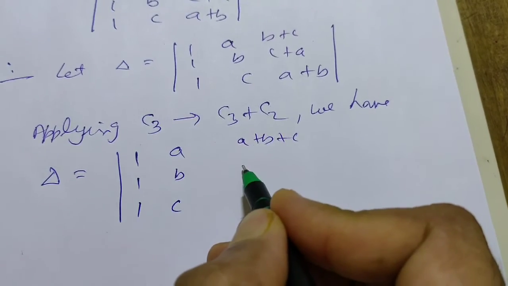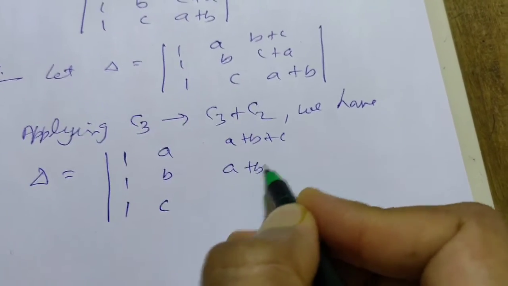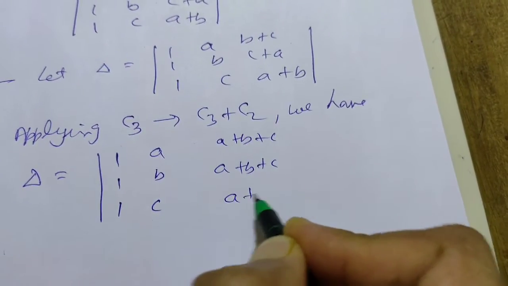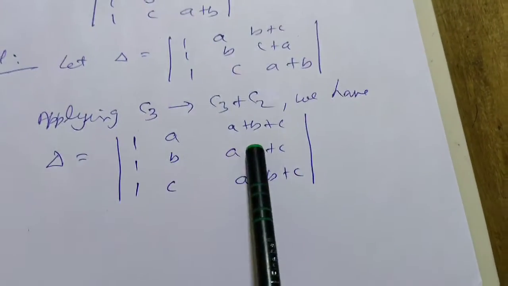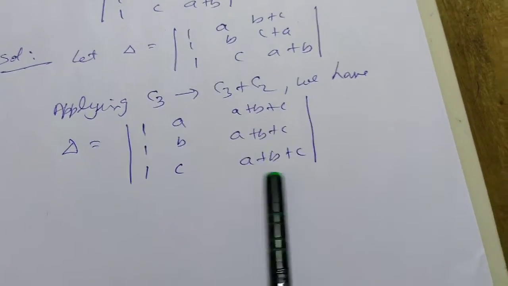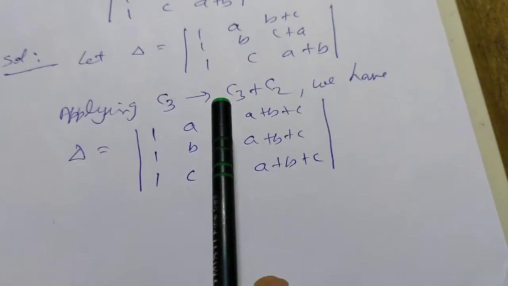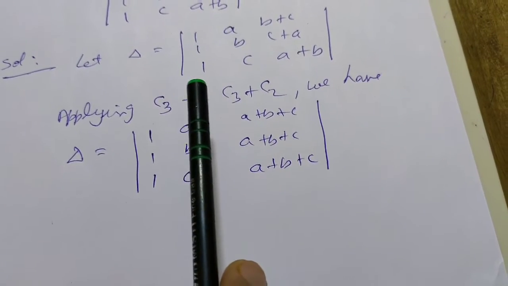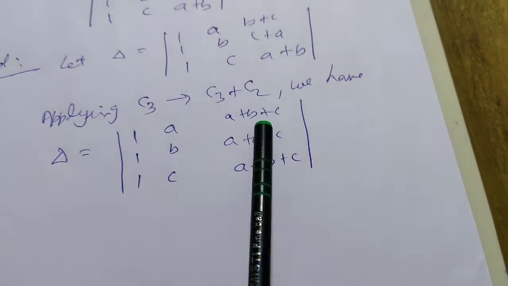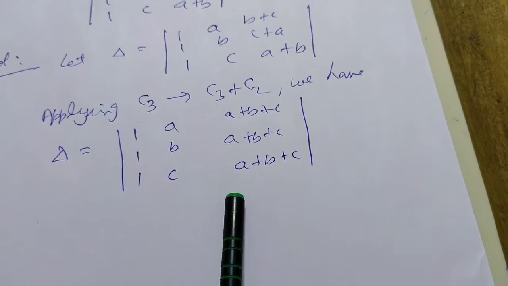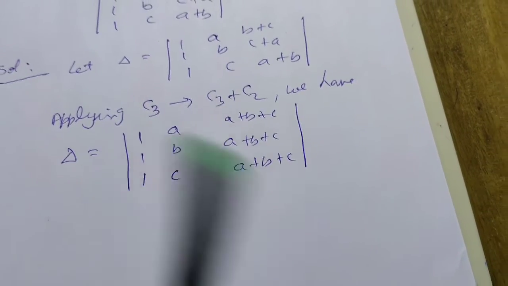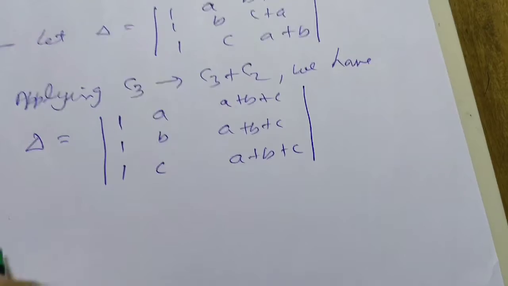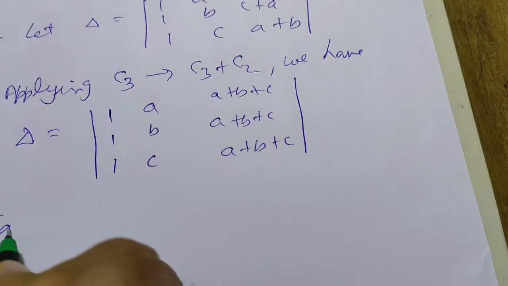We can rearrange it, and this will also be a plus b plus c, and this is also a plus b plus c. Now you can see that all the three elements are identical. So from column 3, you can take only that element which is identical in all the entries. Here, first entry, second entry, third entry, all the entries, the element a plus b plus c is identical. So we will take it out. So we have to write it here.